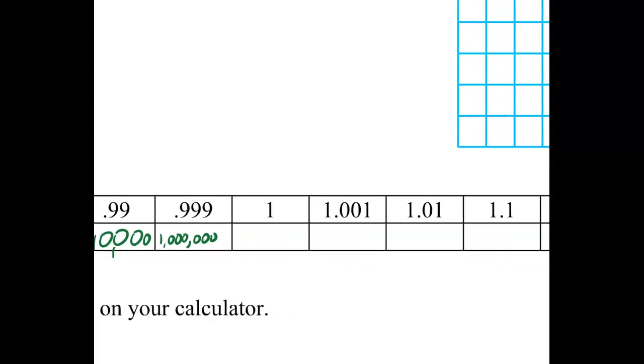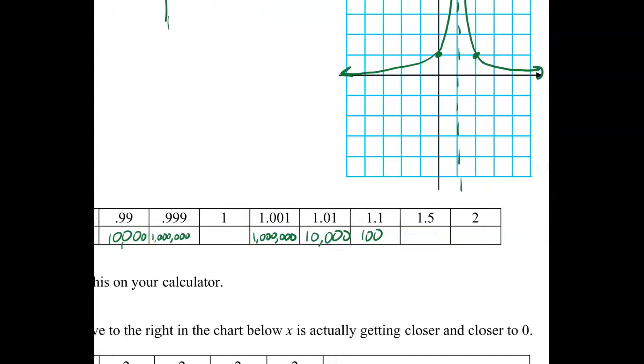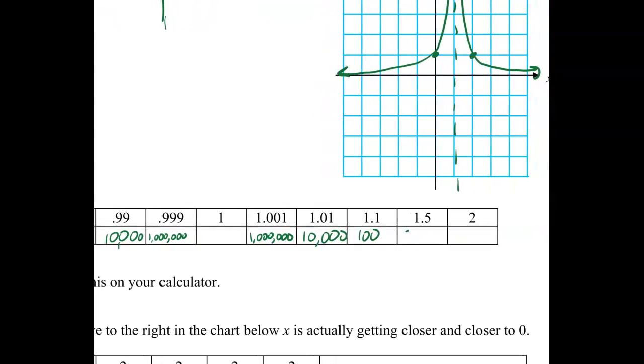If I type in 1.001, again, I'm going to have that 1 million. My computer just doesn't like to write that small. If I type in 1.01, that is going to be 10,000 again. If I type in 1.1, I'd get 100. If I type in 1.5, it should be 4. Sorry, I just looked at my previous y value. And then finally at 2, I should get 1.